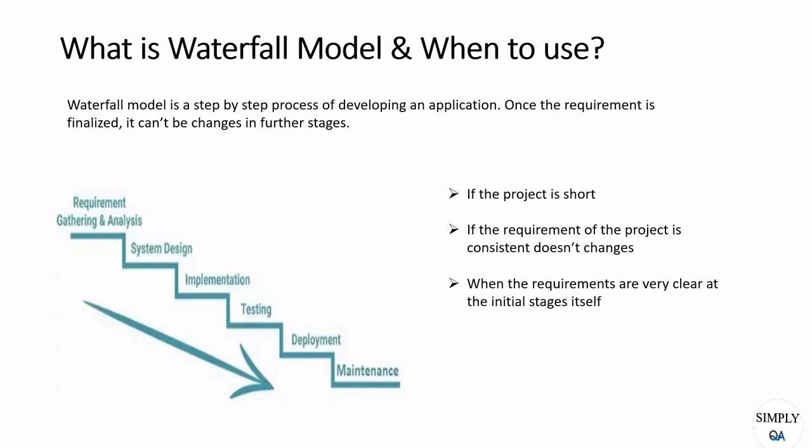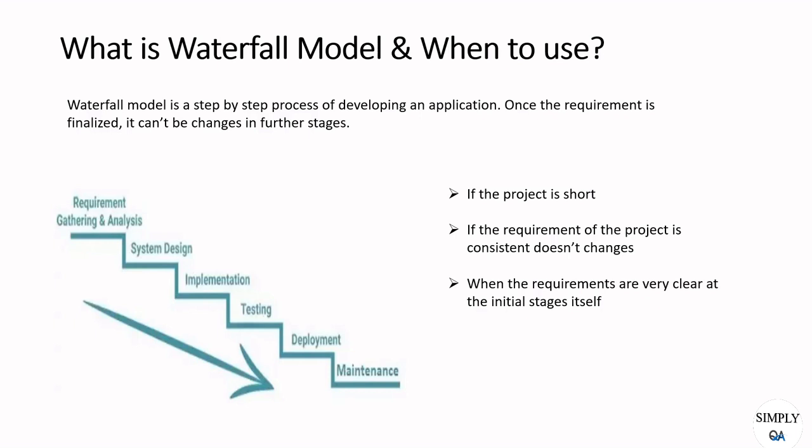And when to use this waterfall model? Since these restrictions are there, use it if the project is very short. Assume you are not constructing an entire building, you are constructing some car shed in your building. That is a very small kind of requirement, right? So in that case, you can go to the waterfall model. Similarly, in an application, when a project is very short and the requirement is very short, you can go to the waterfall model.